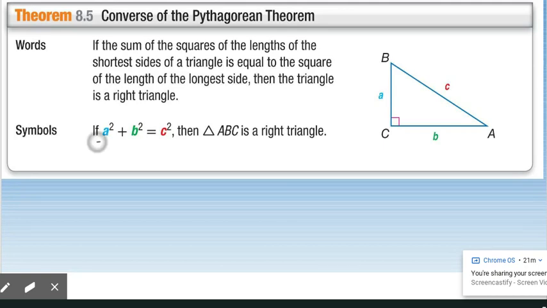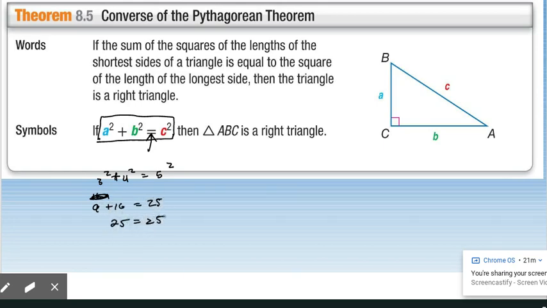If a squared plus b squared equals c squared, for instance, the 3, 4, 5 right triangle, 3 squared plus 4 squared equals 5 squared, 9 plus 16 equals 25, yes, 25 equals 25. If they are equal, we know for sure that is a right triangle.